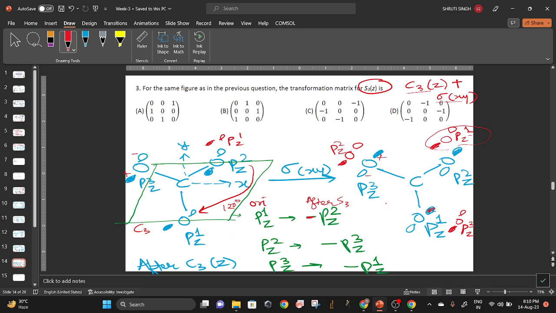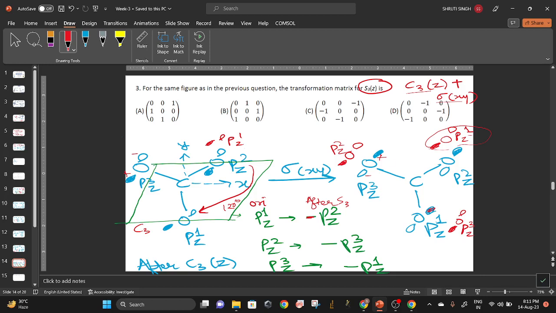Similarly, our pz2 was here originally in the original configuration given in the question. Now instead of pz2 we got pz3, and again lobe sign changed, so this is minus pz3. And pz3 was here, but now we have pz1 in place of pz3 with lobe sign changed, so it is minus pz1. If you write like this now, it will be easier for you to write the matrix.